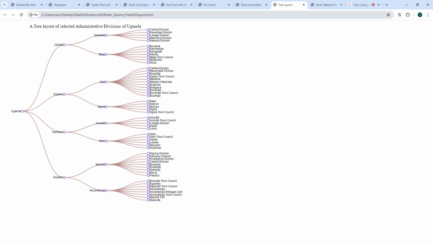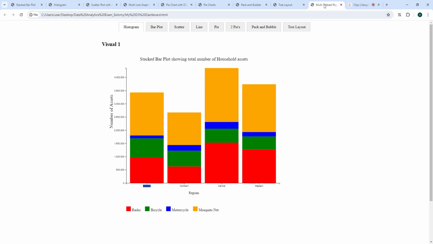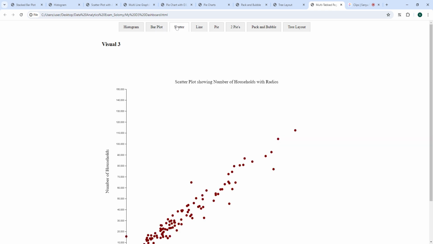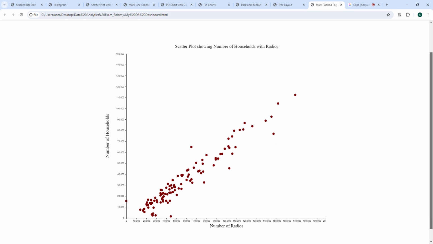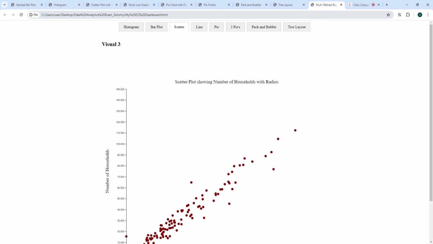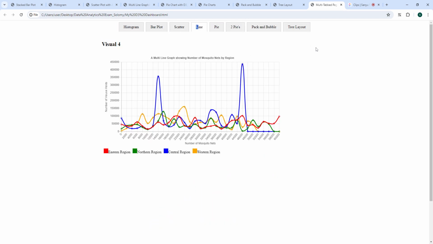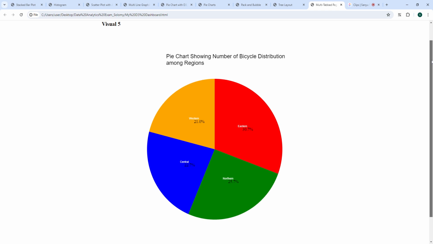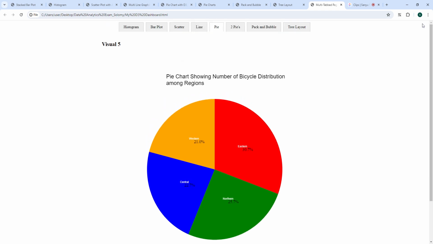Then I went ahead and tried to create a D3 dashboard. I tried to put all these visualizations in one page. So I started with a histogram, came with a bar plot, a scatter plot, a line graph, then the pie, that's our pie chart.